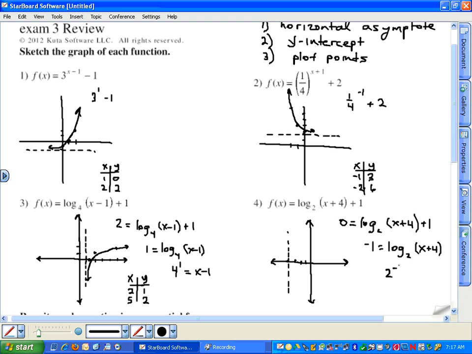Writing this in exponential form, we have 2 to the negative 1 equals x plus 4. 2 to the negative 1 is 1/2. If we subtract 4 from 1/2, we get negative 3.5 for our x-intercept.